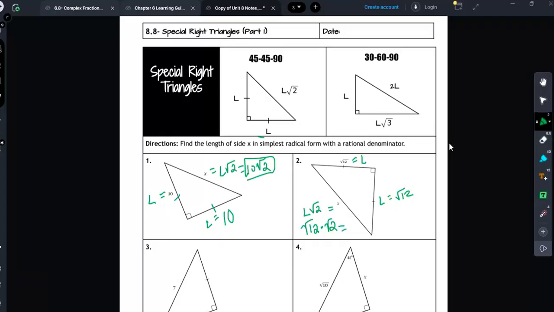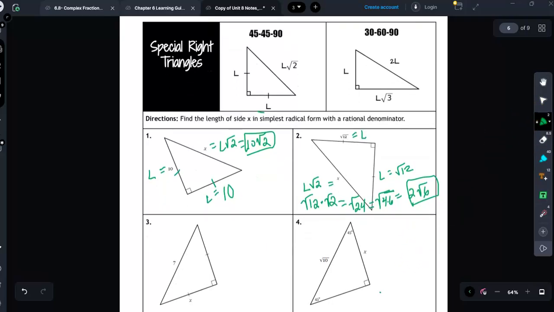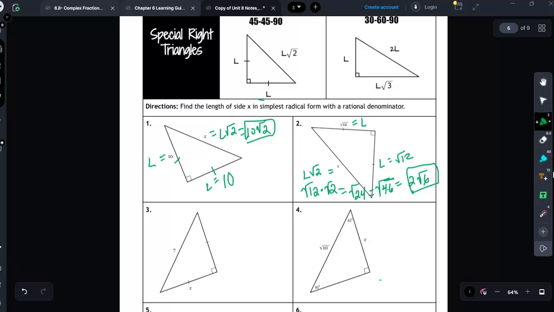So square root of 12 times square root of 2 is the square root of 24. We can simplify that because 4 times 6 is equal to 24, which is 2 square roots of 6. Okay. Does this kind of make sense? Yeah, this is pretty tough.